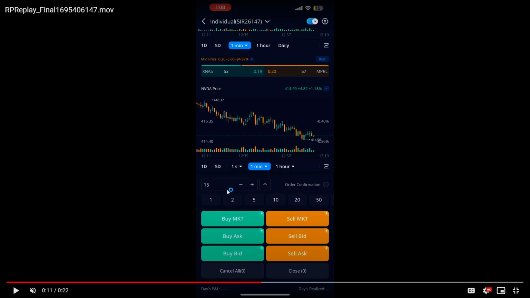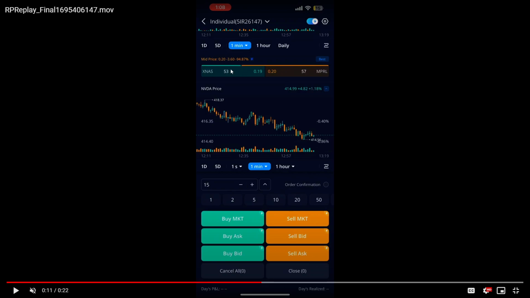So there are some pros and cons with this, and I'll get there. Again, buy the bid is going to be buying this bid price, which is right here on the left, and selling the ask is going to be selling the asking price. I think I screwed it up. When you buy market, you'll be buying the ask, and when you sell market, normally you're selling the bid.